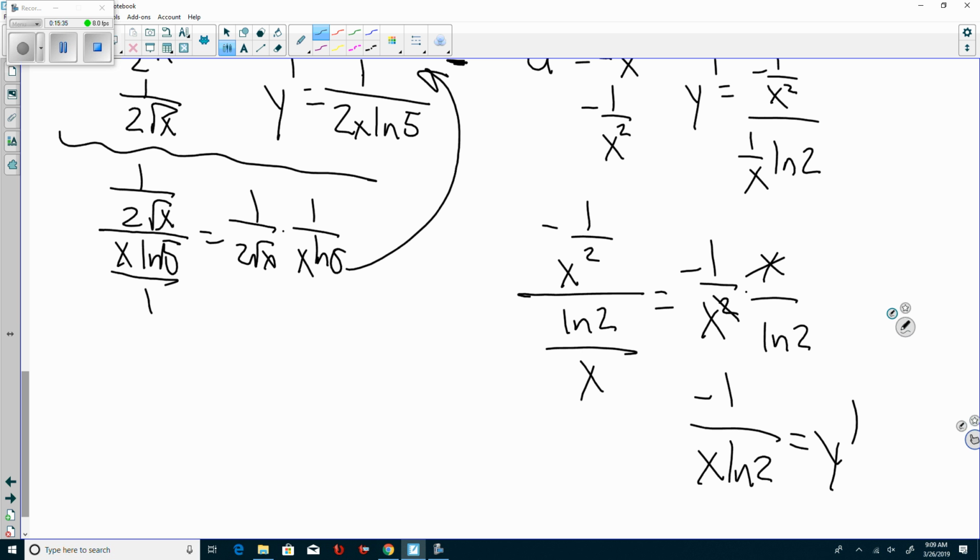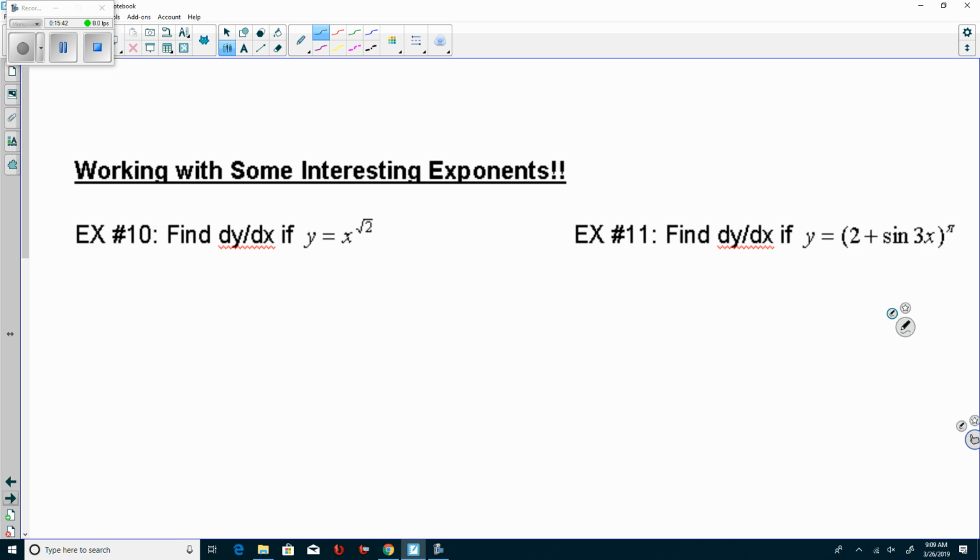How we doing? So far, so good? Do you have this next with some interesting exponents? Okay. Now, if you have some weird exponents, some interesting exponents, just follow your rules. So in this case here, this is just a power rule.